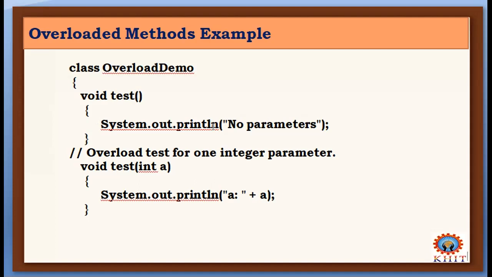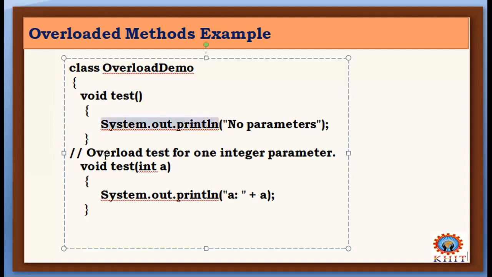In that I am writing a small statement, System.out.println, no parameters. Then next time I am writing the same method test, here also test and here also test, but this time I am passing a single parameter which is called integer a. Then System.out.println, see the body will be different here.